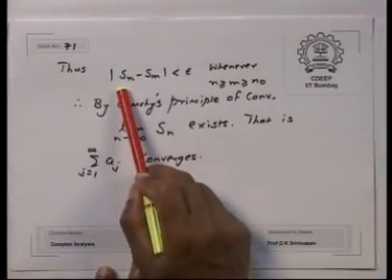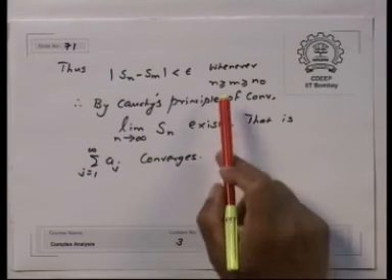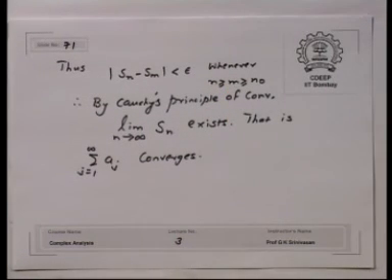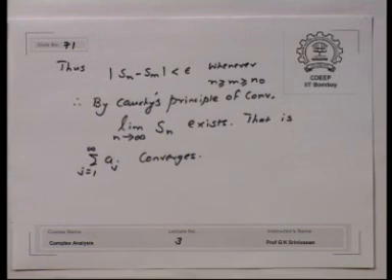That is mod of Sn minus Sm less than epsilon whenever n greater than or equal to m greater than or equal to n naught. In other words, Sn is a Cauchy sequence. So, by Cauchy's principle of convergence, limit Sn as n tends to infinity exists. So, sigma aj, j going from 1 to infinity converges. This completes the proof that absolute convergence implies convergence.